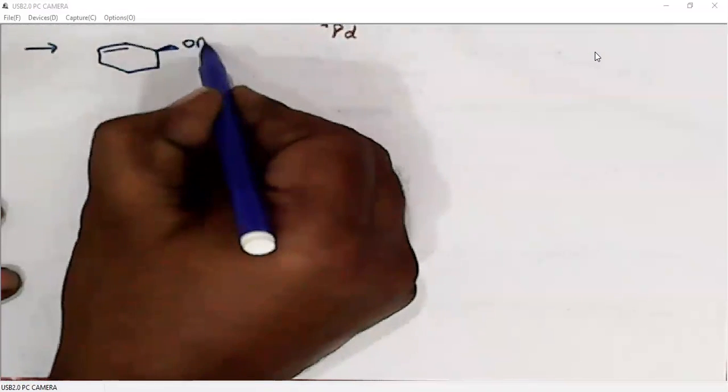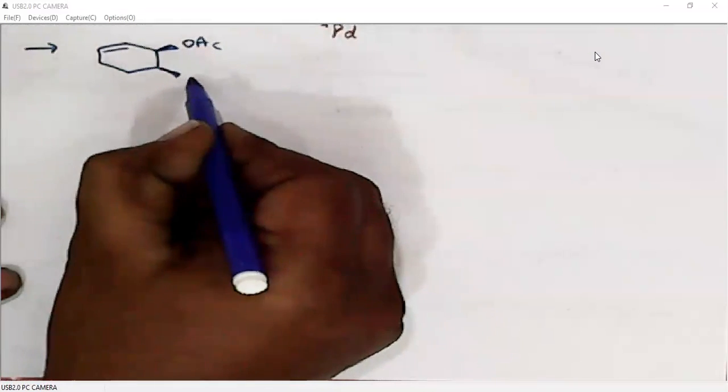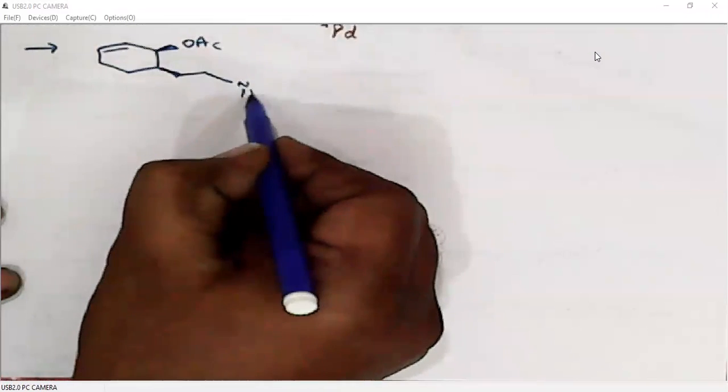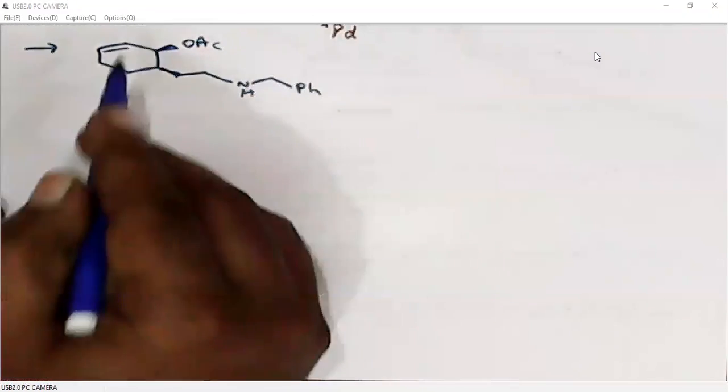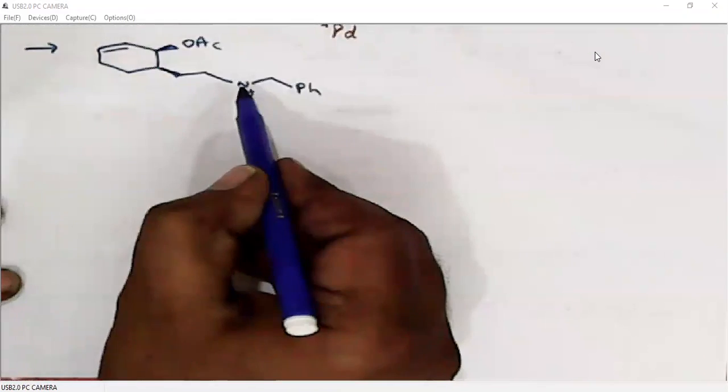I'll give you one more example for this. This is the allylic system and this is the nucleophile.